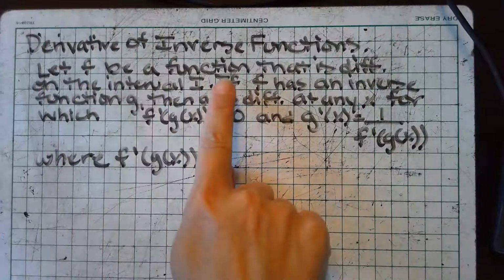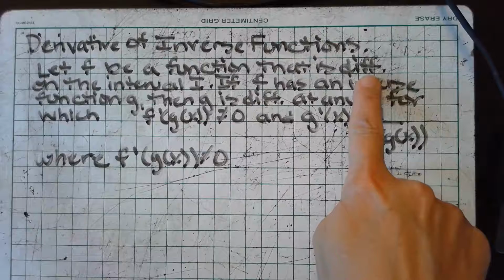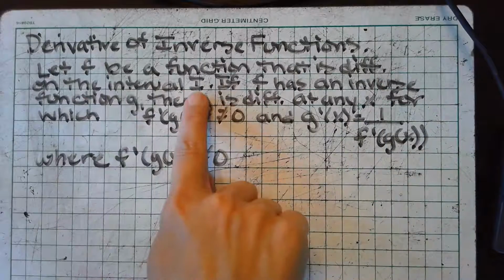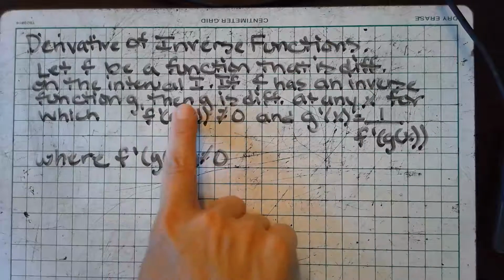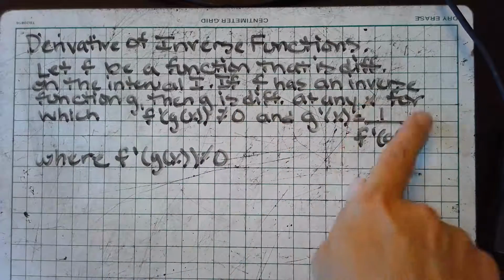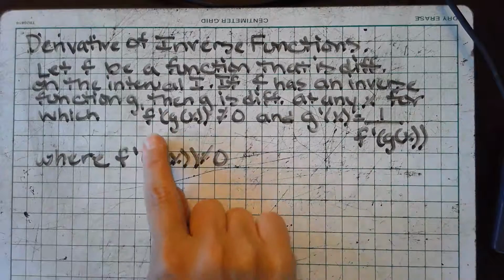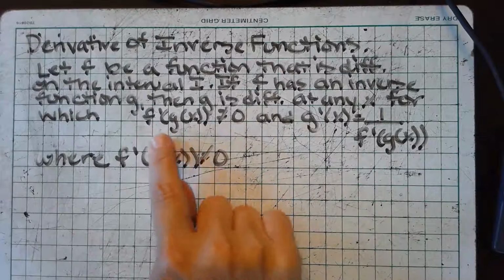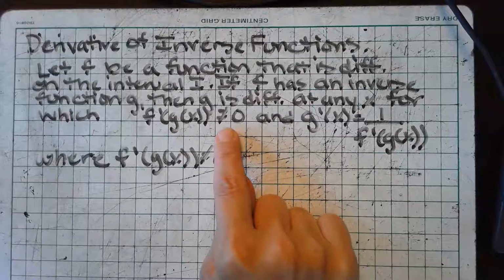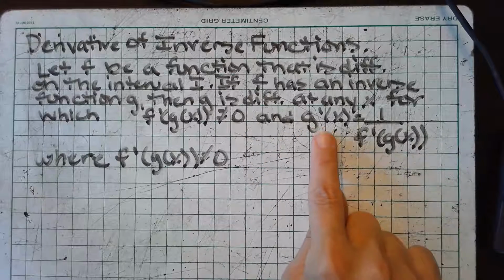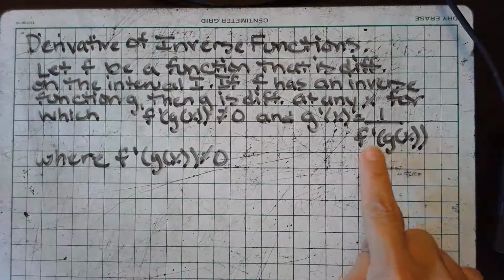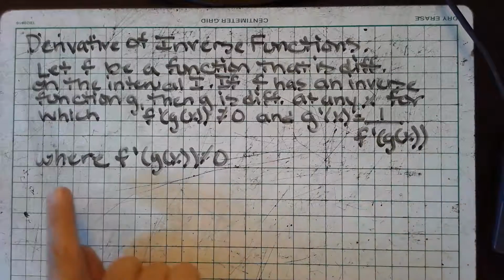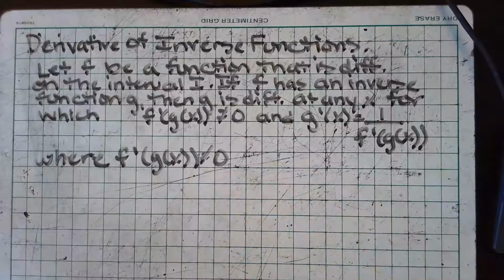Let f be a function that is differentiable on the interval I. If f has an inverse function g, then g is differentiable at any x for which f prime of g of x doesn't equal 0, and g prime of x equals 1 over f prime of g of x, where f prime of g of x doesn't equal 0 either, because that would be in the denominator.